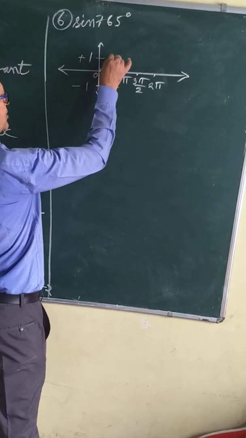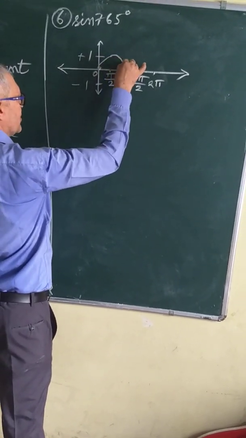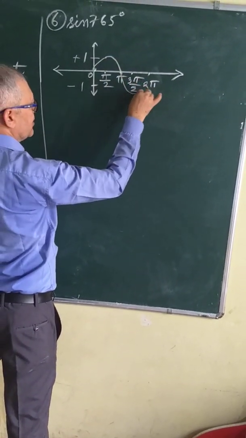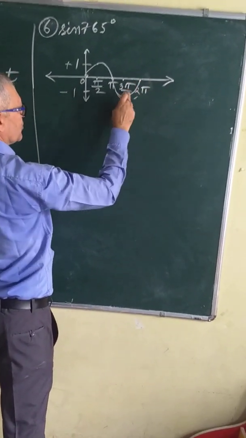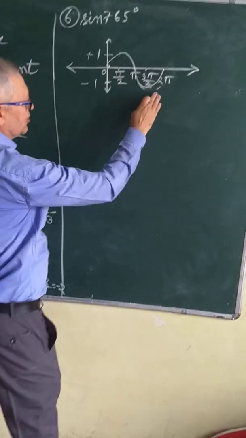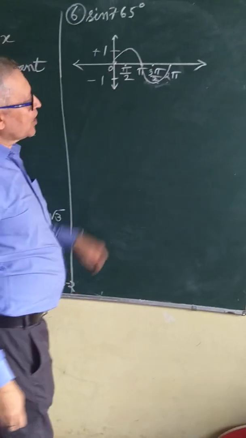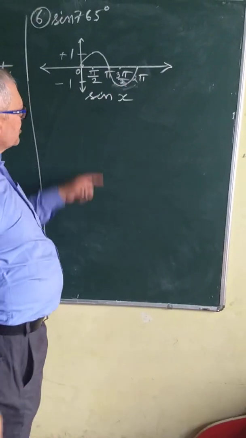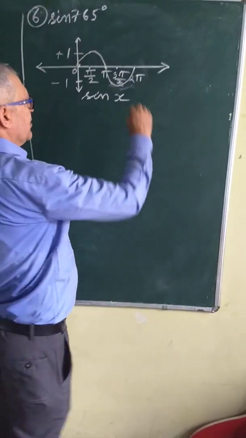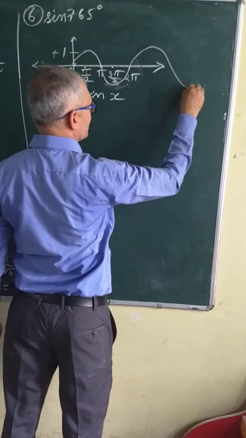So sin 0 is 0 and sin 90 is 1. In the same way sin 180 is 0 and sin 270 is minus 1. And sin 360 is 0. So this is the graph of sin x. And after this value will repeat like this. Again it will go like this in this form.